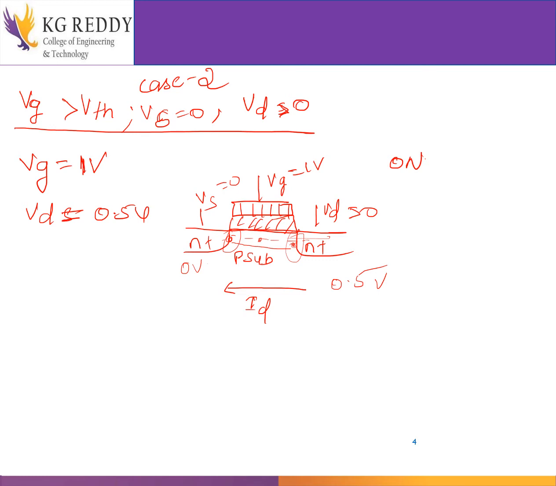Suppose I want to find the voltage across here: the gate voltage is 1, so 1 minus 0.5, and we see the voltage here is 0.5 volt. This voltage is observed somewhere over here.